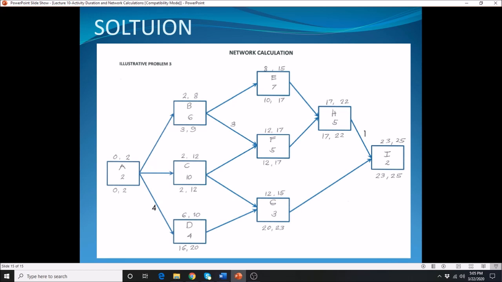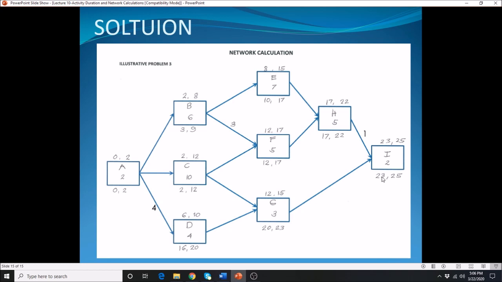We have also the finish to finish, start to start, or the start to finish relationship. But in most cases it is a finish to start. So that's why when you draw the network diagram, we have here the finish to start. Okay, so make sure that you put also the arrow, because that helps you as you do your forward and the backward. It helps you in the directions.